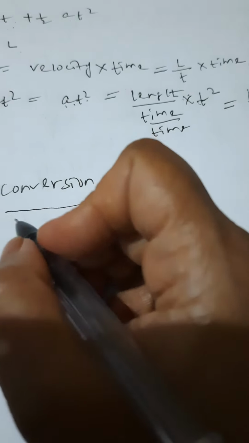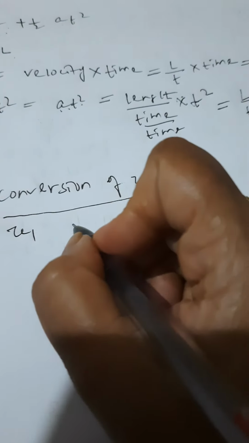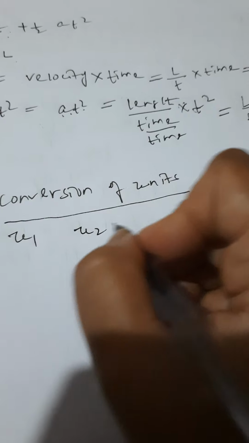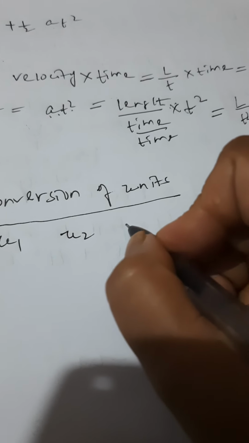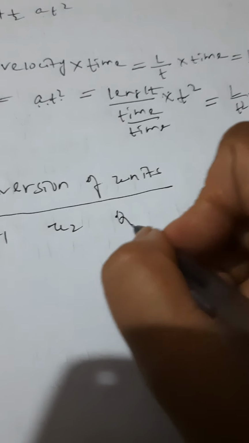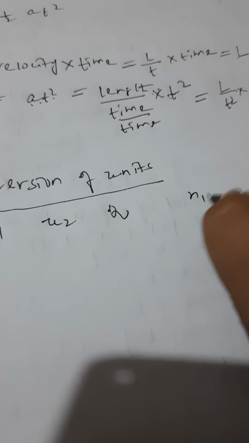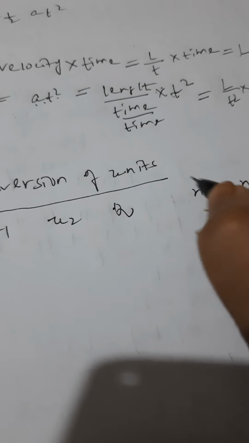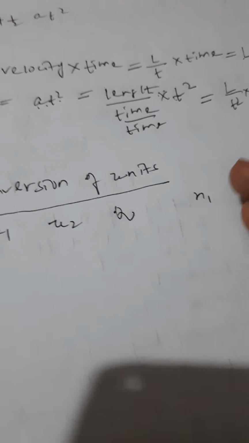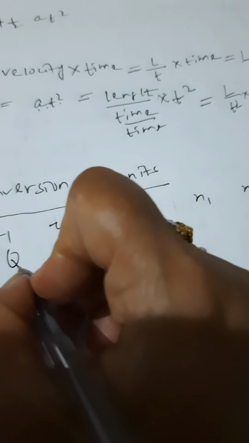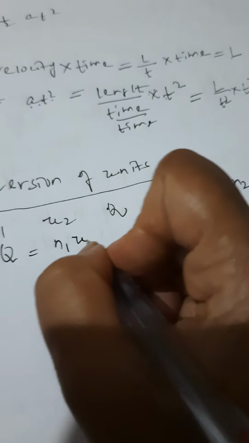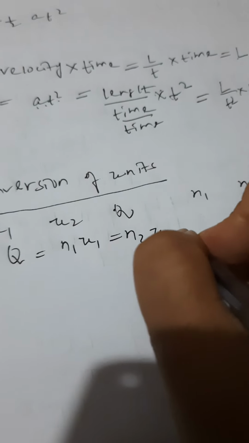Suppose U1 and U2 are units of measurement of a physical quantity Q, and N1 and N2 are the corresponding numerical values. So we can write Q is equal to N1 U1 is equal to N2 U2.